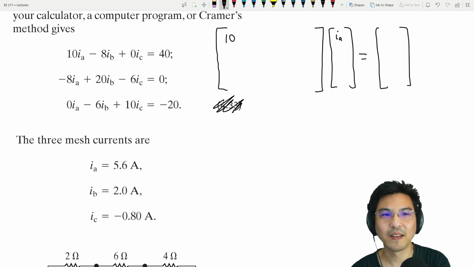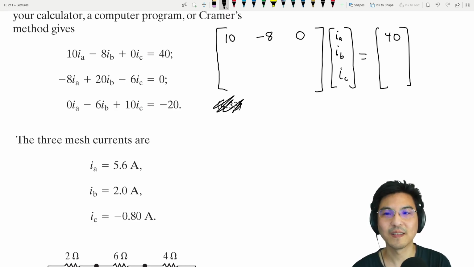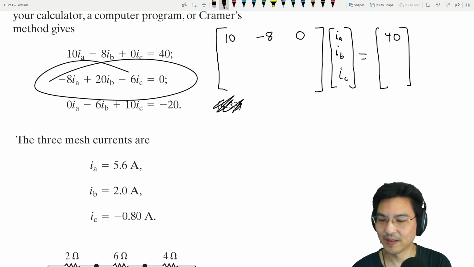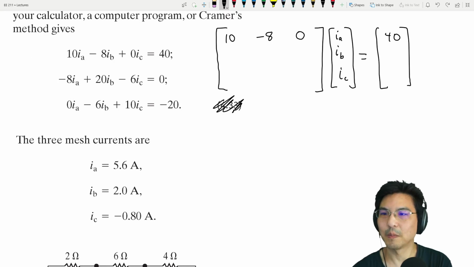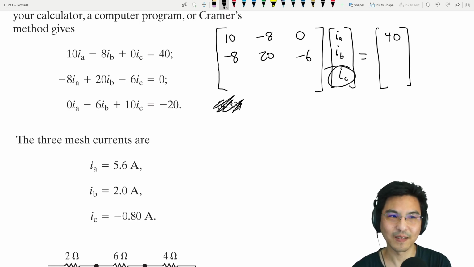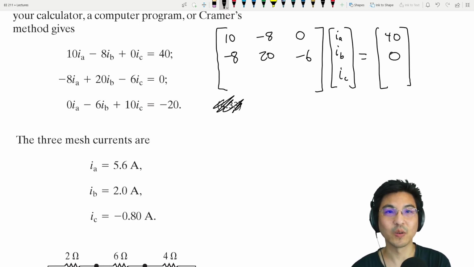10IA minus 8IB plus 0IC equals 40. Okay. Second equation, minus 8IA plus 20IB minus 6IC equals 0.